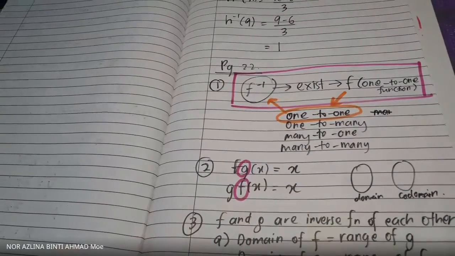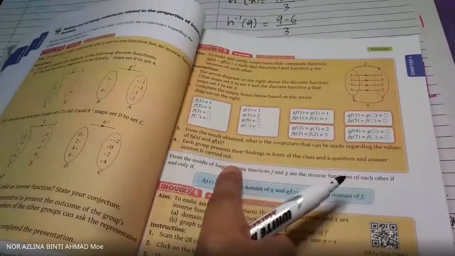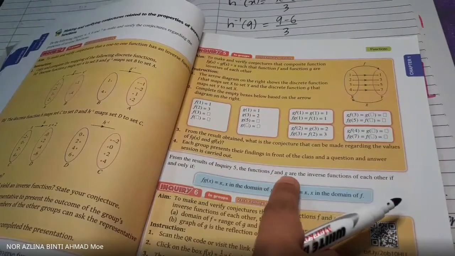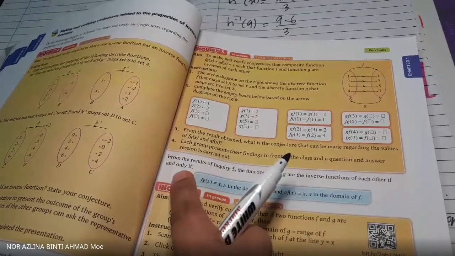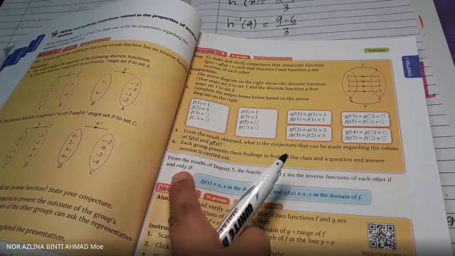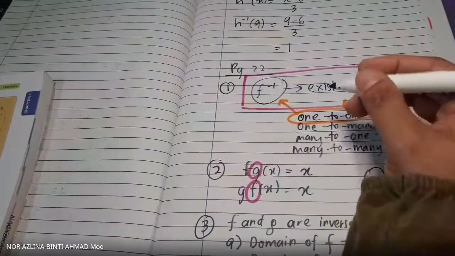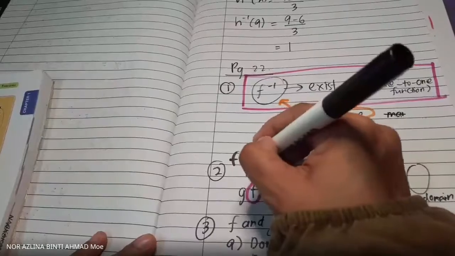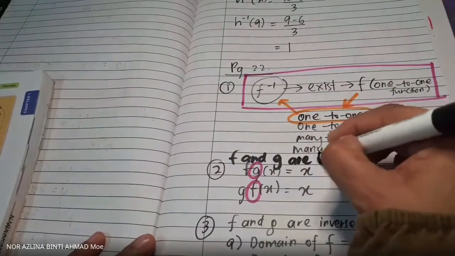Okay. Dekat ayat ke atas ni tadi. Ayat dia ni dekat textbook ni. The function f and g are the inverse function of each other if and only if. Okay, yang ini tertinggal. F and g are the inverse function.